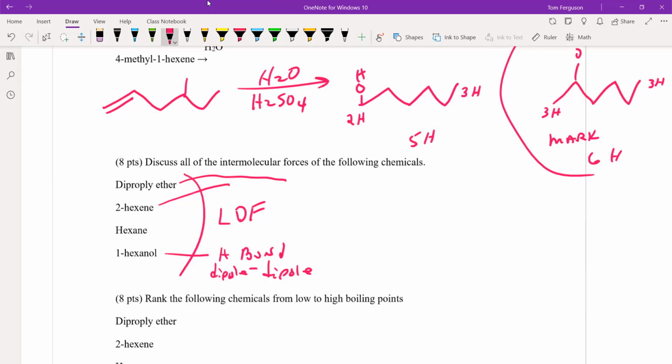This has got, let me show you what that looks like. So it's dipropyl ether. Okay, so there's two COs. So dipole-dipole.